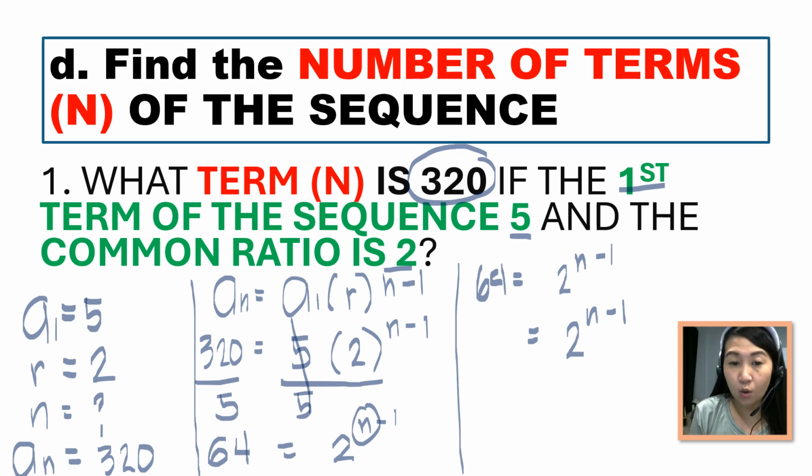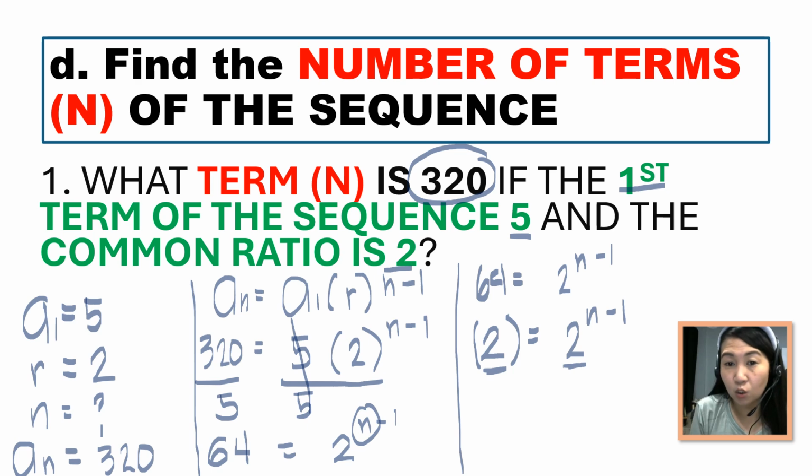Ang goal natin dito, class, is maging parehas ang kanilang base. So the base on the left side should also be 2. Okay? So, 2 na sila parehas.